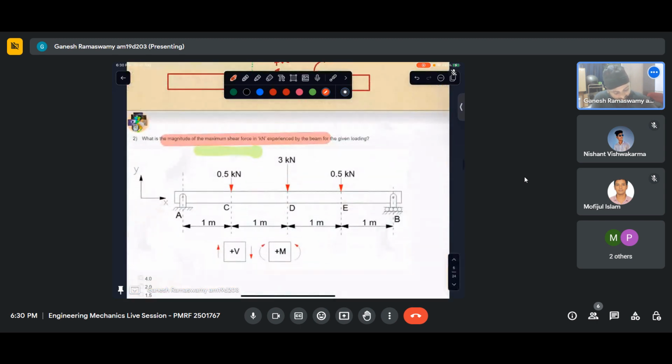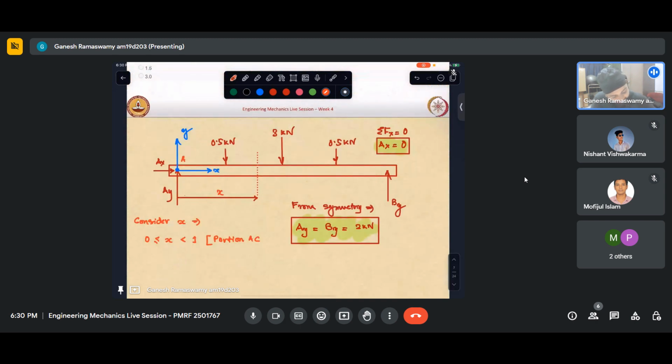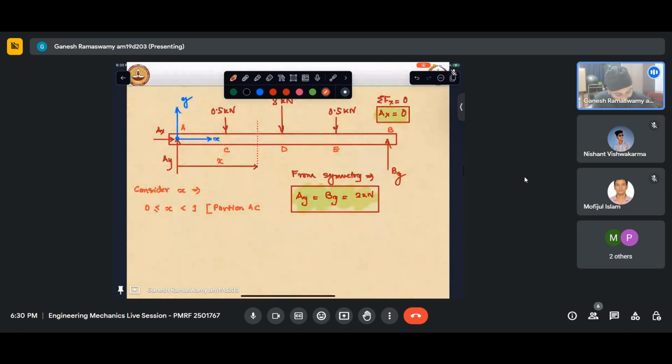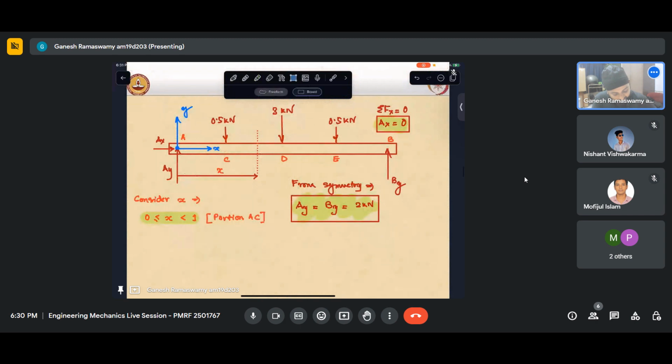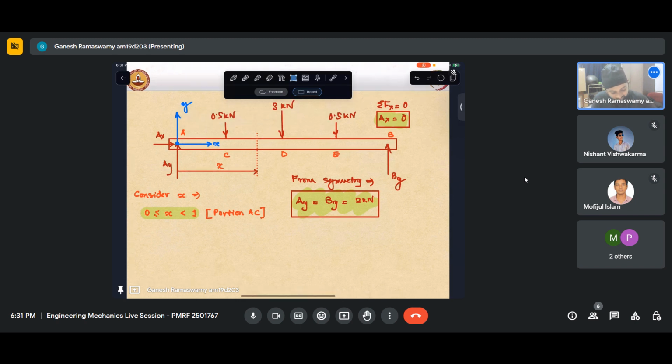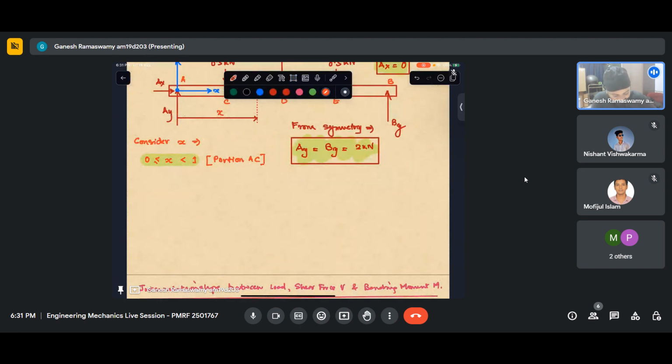I'll just label them A, B, C, D and E. So for portion AC, this is my condition for X. Essentially, I'll take the cut here between A and C, and draw the free body diagram.